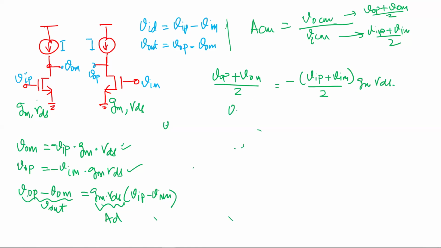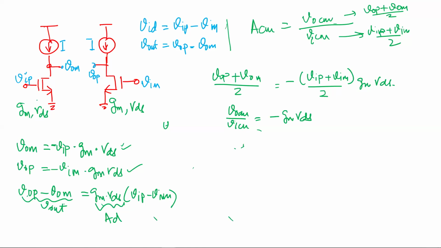So then this VOCM over VICM is equal to minus GM RDS. So what do you see? You see actually your differential gain and common mode gain are the same, okay, which is obviously not what we want. So this is something we can't use for our op amp, okay?